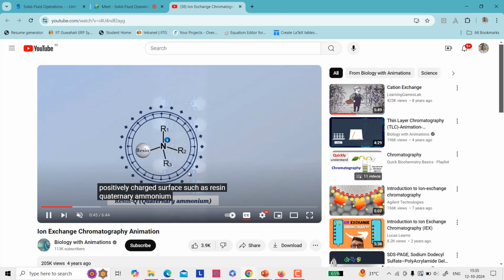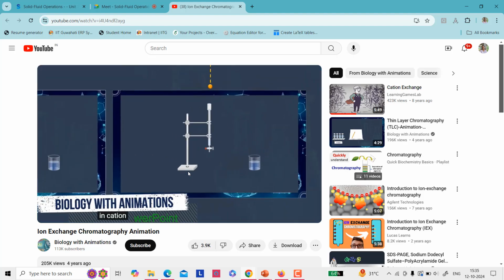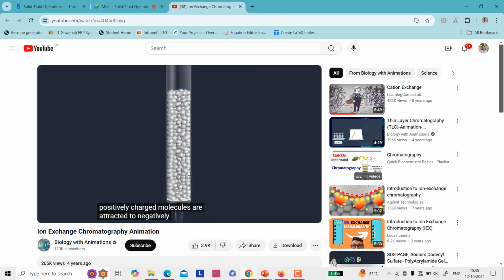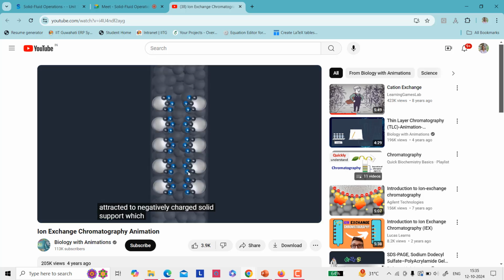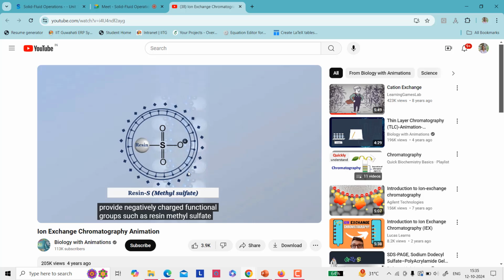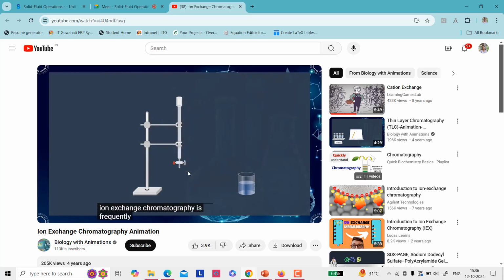Okay, so this is in cation exchange chromatography, positively charged molecules are attracted to negatively charged solid support, which is commonly beads that provide negatively charged functional groups such as resin methyl sulfate. You understood? Ion exchange chromatography is frequently used for the separation and purification of proteins.